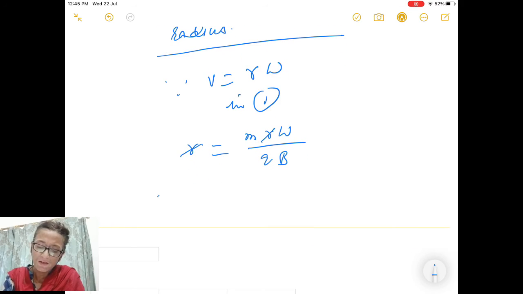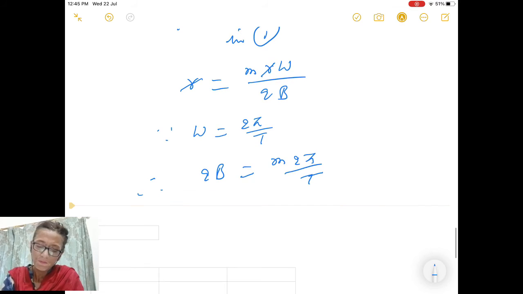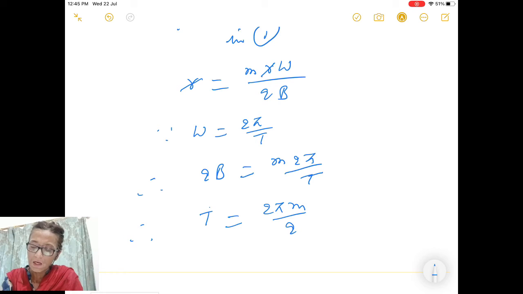And we know that omega is equal to 2 pi upon T, angle per unit time, therefore this equation becomes qB is equal to m 2 pi upon T, and therefore you find that time period is equal to 2 pi m upon qB.